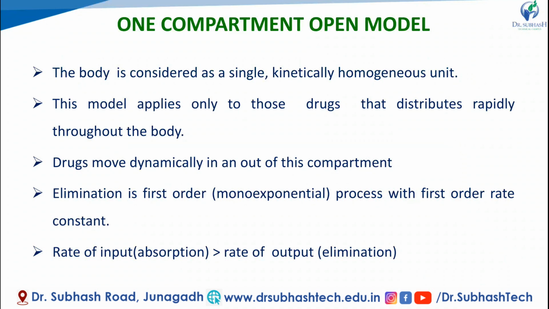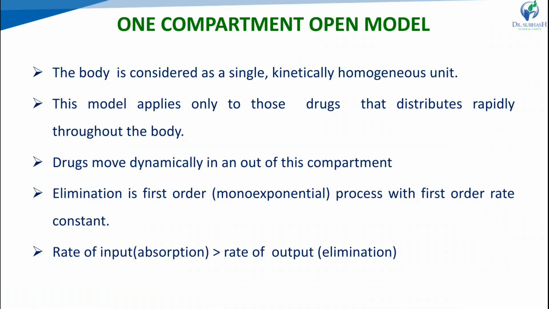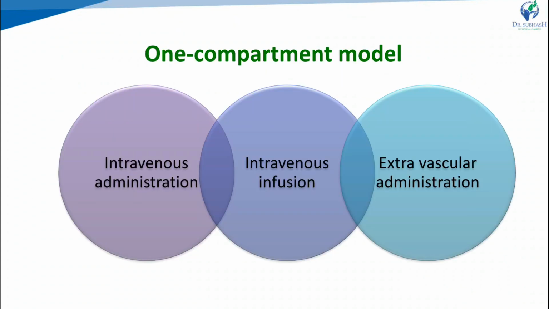Elimination is a first order process with a first order rate constant, following a mono-exponential form. The rate of input, the absorption process, is greater than the rate of output, the elimination process. So these are the assumptions for the one compartment open model.